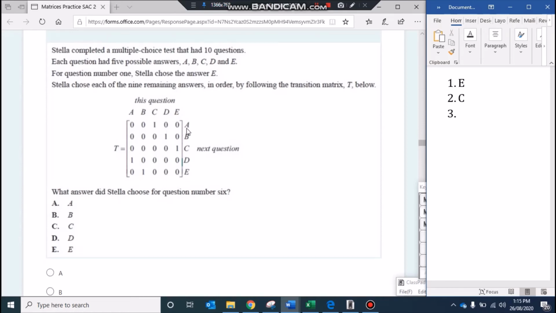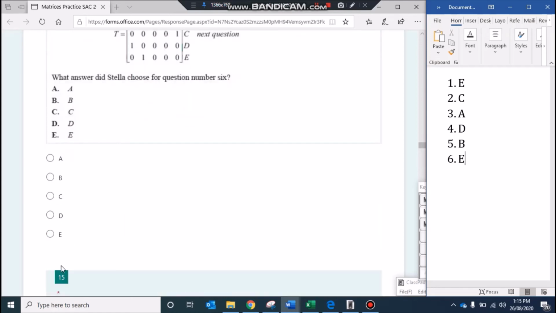We know the next question after C was A. Then after A, the next question was D. After D, it was B. And finally, question 6, after B, we're back to question E. And it would start to repeat after that. So E was question 6.